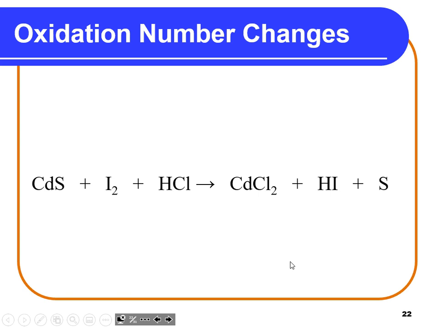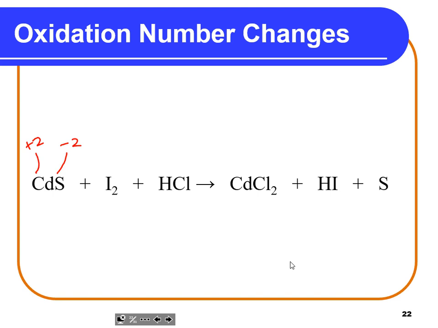Let's try one more. Now we're getting a little bit more difficult. Because if you look at this one here, ladies and gentlemen, we have a bunch of stuff. Doesn't matter. Still go through. Sulfur is going to be a -2. Cadmium's going to be a +2. Now, does cadmium take a +2 charge?